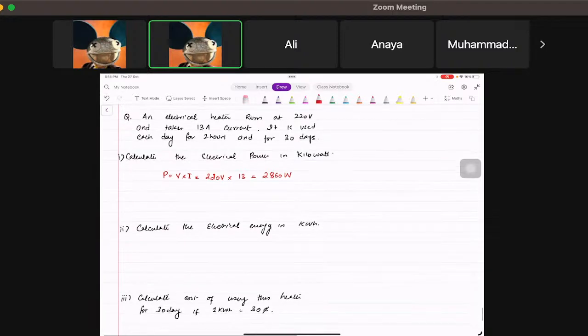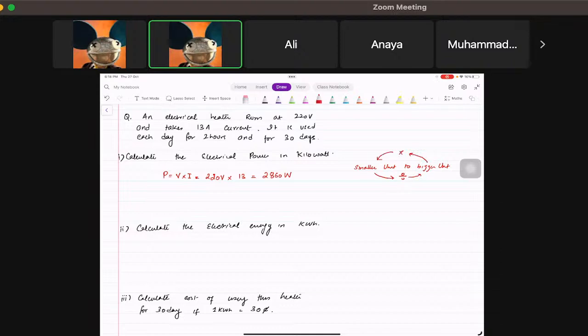Then it says in kilowatt. Now, how do we change something into kilowatt? We need to understand that when you go from a smaller unit to a bigger unit, you need to divide, and it would be vice versa. It means if you go from smaller to bigger, you need to divide, and if you go from bigger to smaller, you need to multiply.